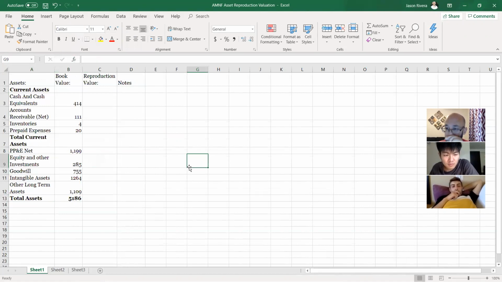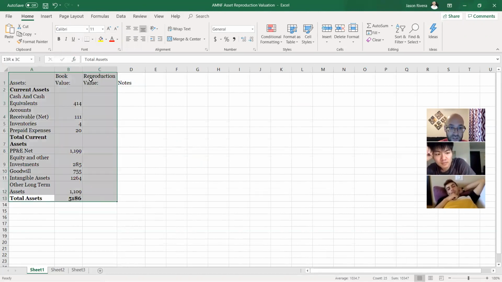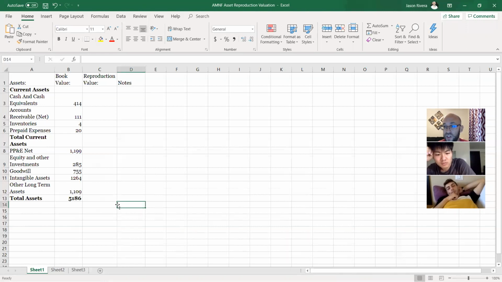When I first started doing the asset reproduction valuation years ago, I forgot that you're supposed to include liabilities, because liabilities are a real world expense. As a total business owner, I used to stop right here. But you have to include the liabilities, because again, we want to think as total business owners of the whole company, and we want to know what the liabilities are, correct?